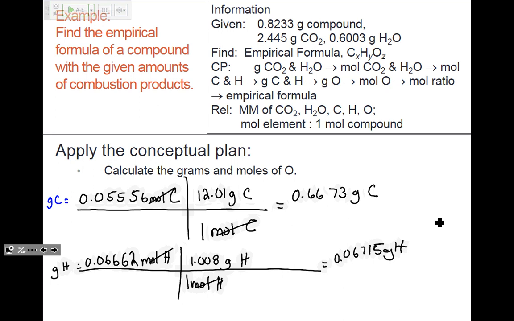So now I have my grams of carbon and my grams of hydrogen, so I can now calculate how many grams of oxygen I have.